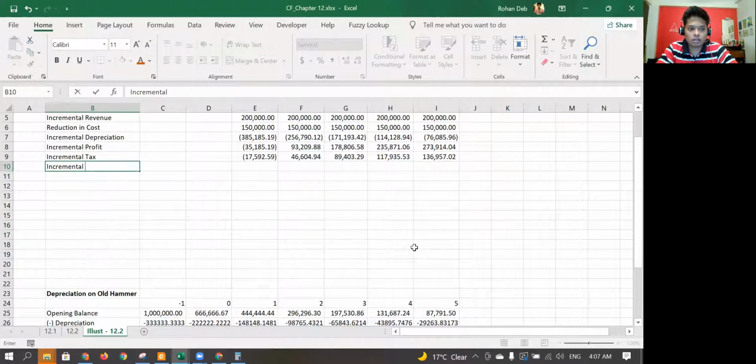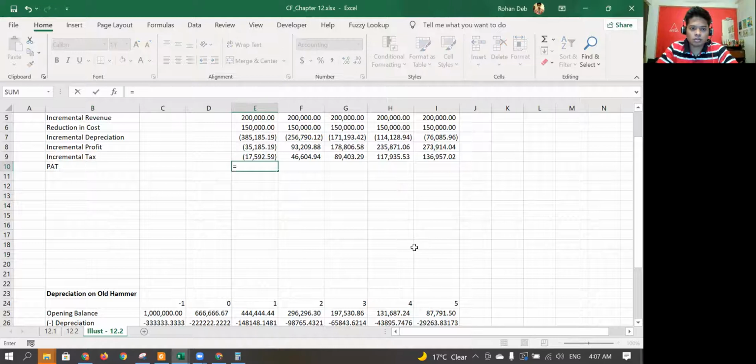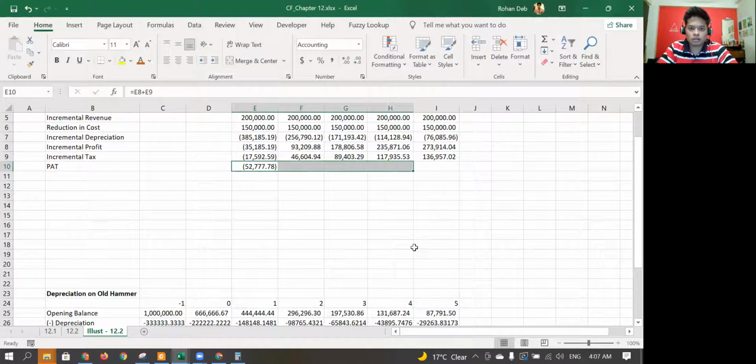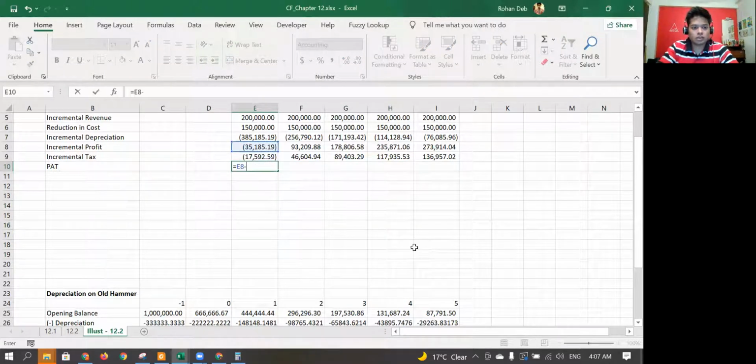Incremental profit after tax, this minus this.